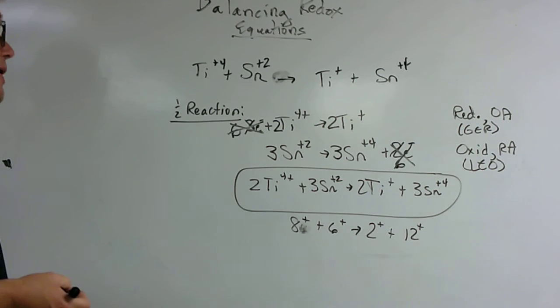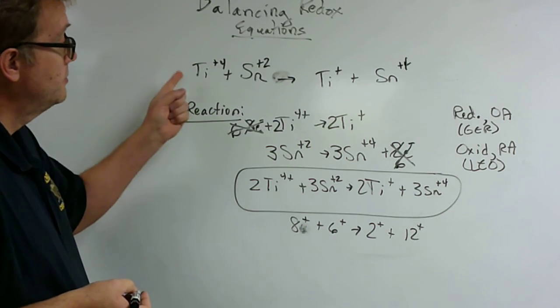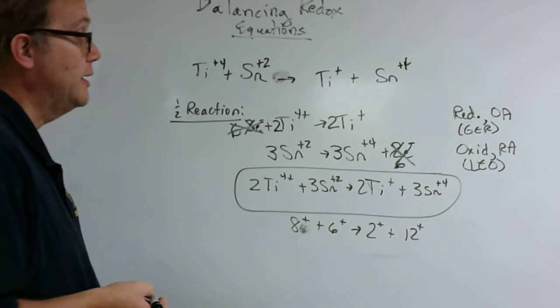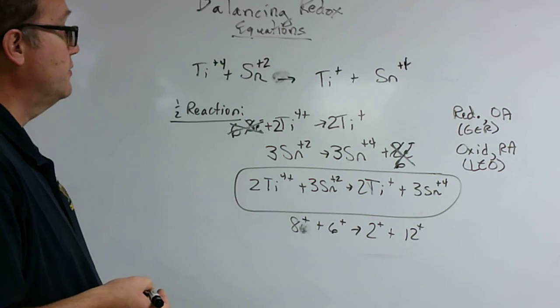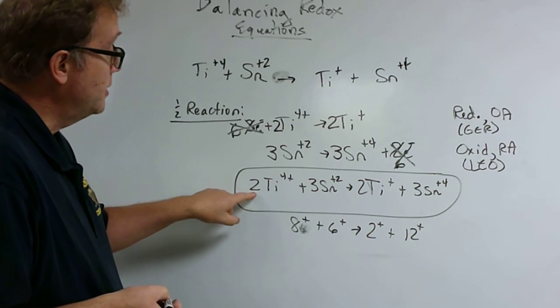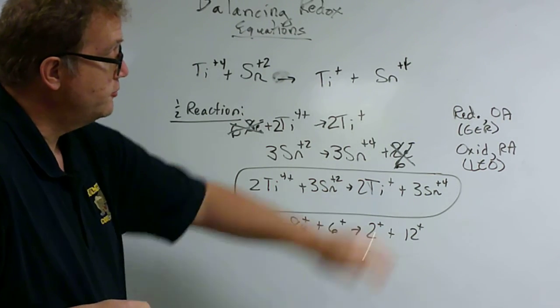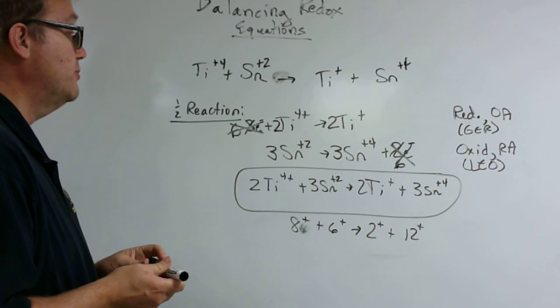They are actually balanced. So this is my balanced redox equation. You'll notice I started out with all ones here. It's a little bit difficult to balance if you're just going to sit there and kind of experiment. So I've got a balanced redox equation, which is going to be 2, 3, 2, 3.